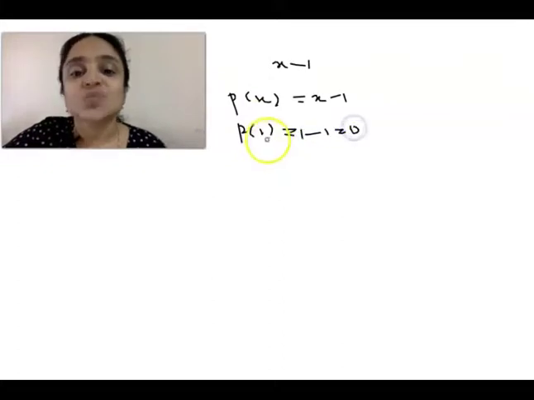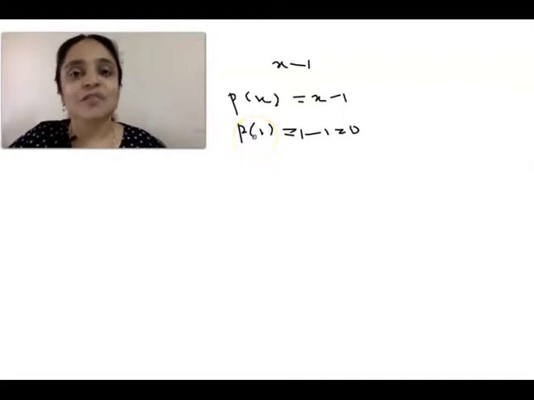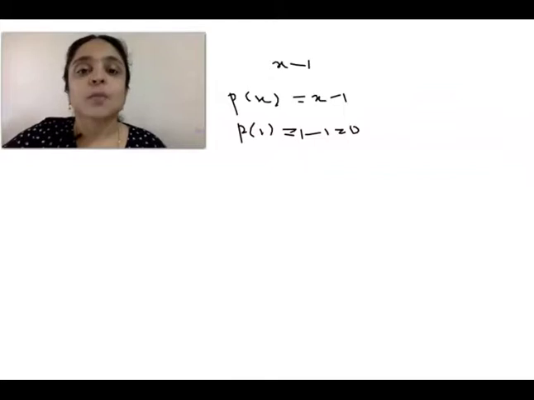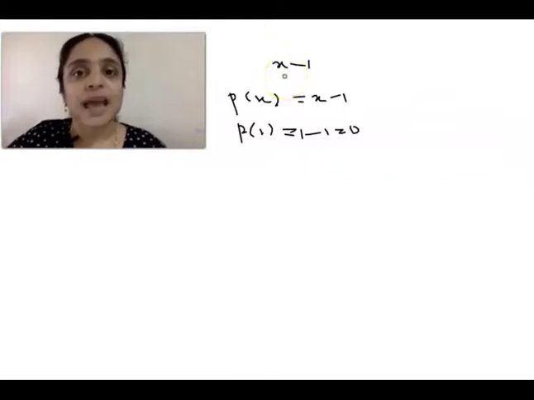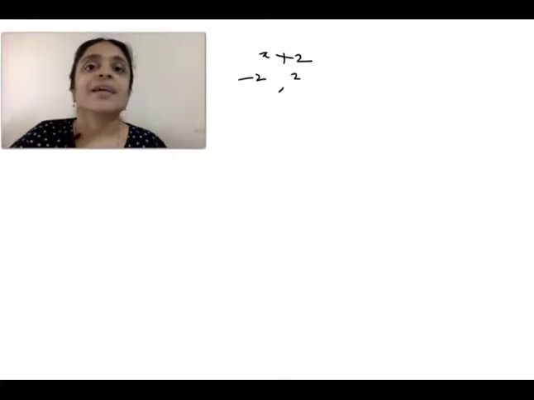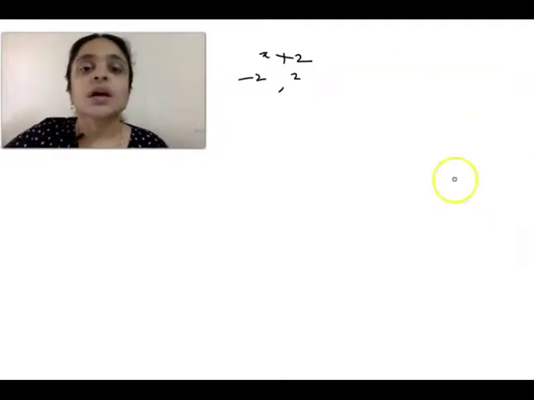So, this 1 is called the zero of this polynomial. For which value of x the polynomial becomes 0, that value is called the zero of the polynomial. Here for 1, this polynomial is becoming 0. So, this 1 is called the zero of the polynomial x minus 1. Understood?